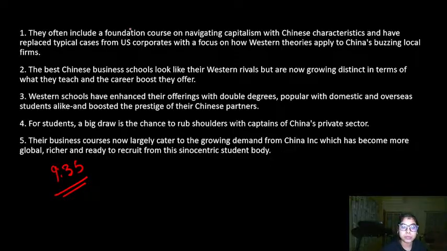Okay, as you can see, one, they often include a foundation course on navigating capitalism with Chinese characteristics and replace typical cases from US corporates with a focus on how Western theories apply to China's buzzing local firms. Similarly, for fourth, for students, a big draw is the chance to rub shoulders with captains of China's private sector.